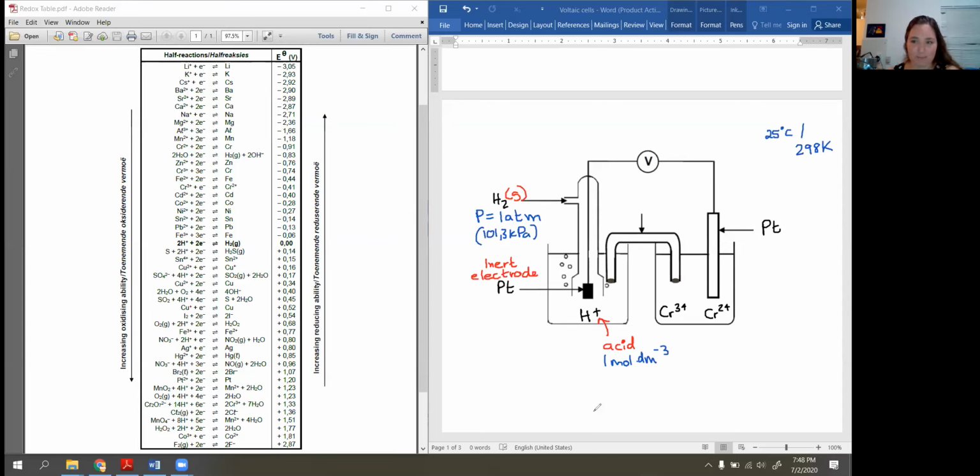Interesting question. If we use sulfuric acid and we assume that it's a perfect strong acid, I may get away with using a different concentration. What concentration of sulfuric acid should I use? This is us being very technical.